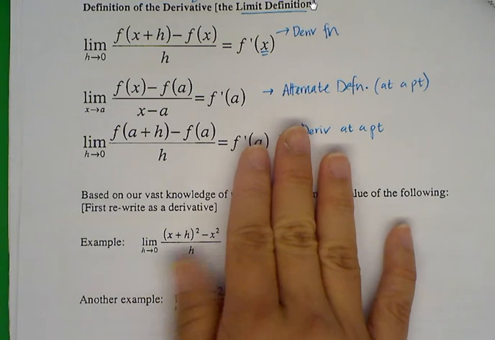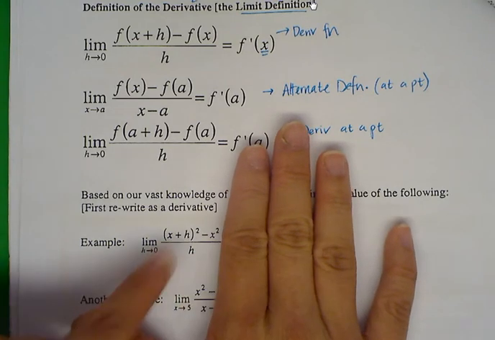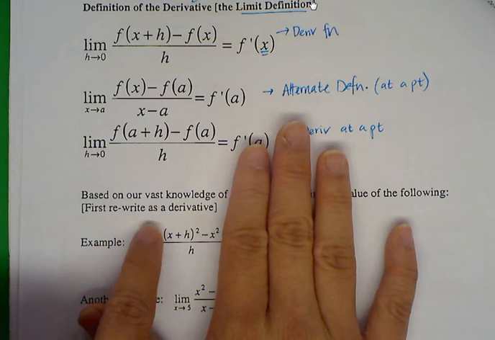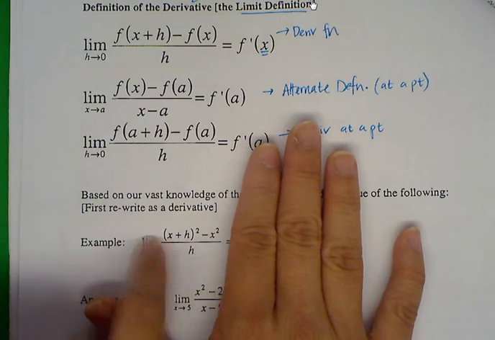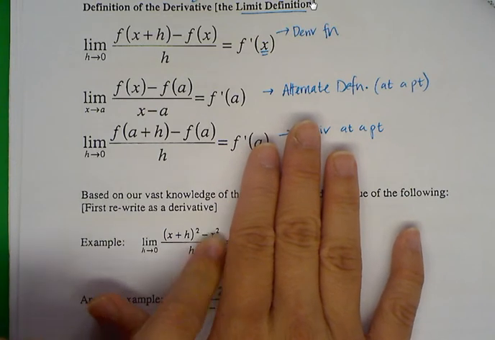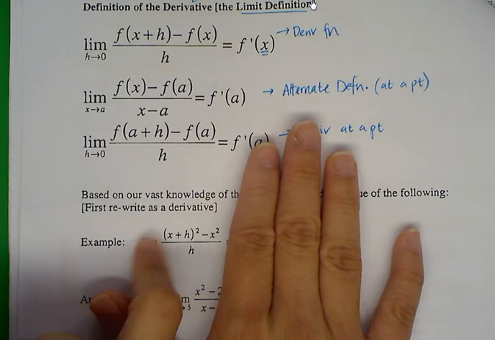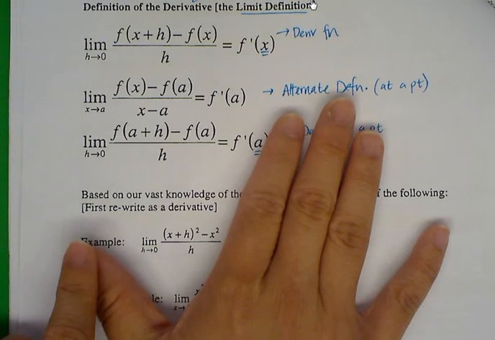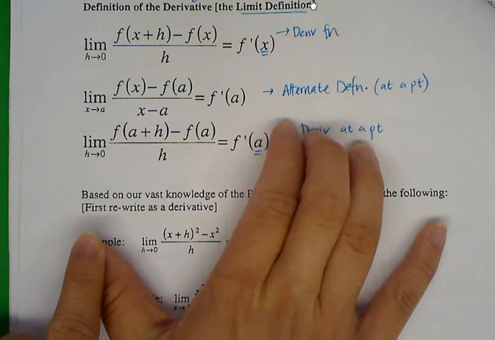What they want you to recognize is that this is some function of x plus h minus that function over h. So when you see this, you should recognize, hey, this is just the definition of the derivative. What about this makes you realize that this limit is not just any old limit, but a derivative?